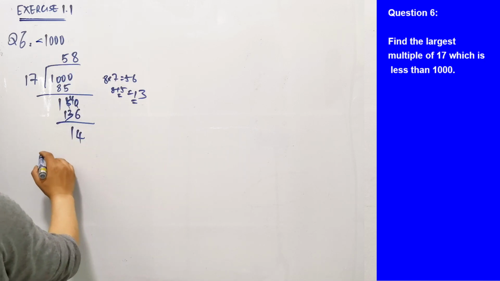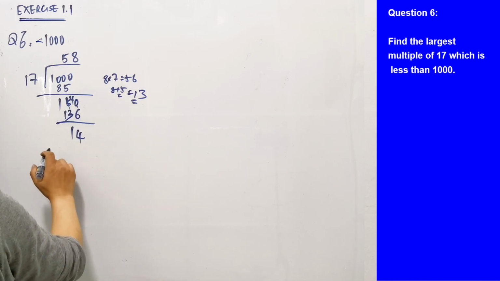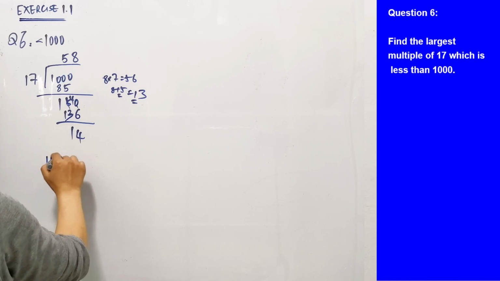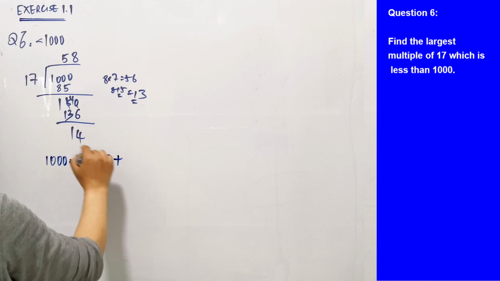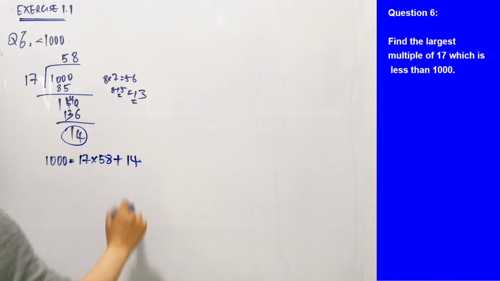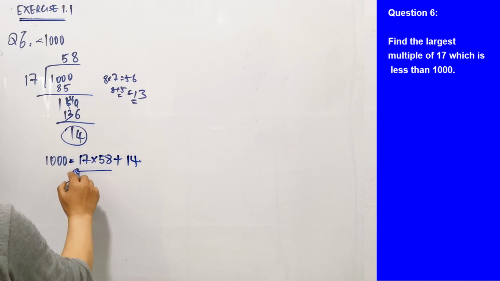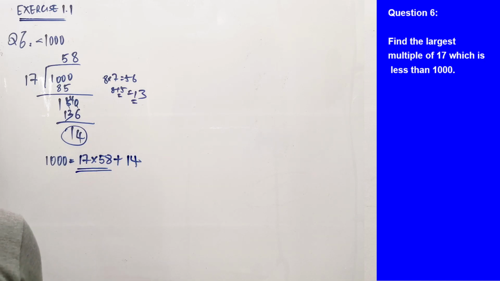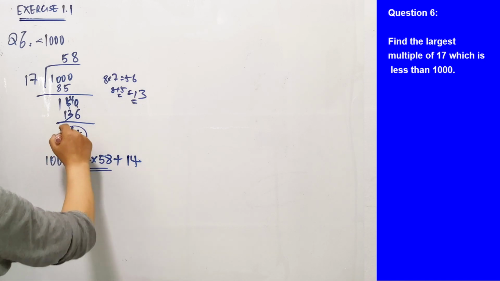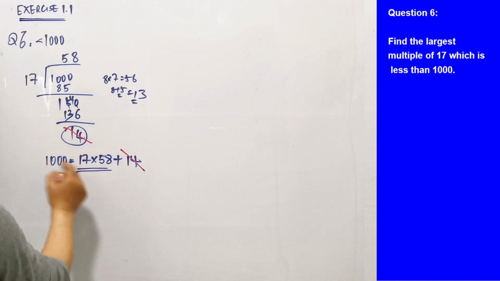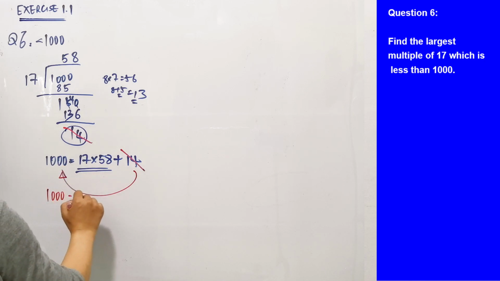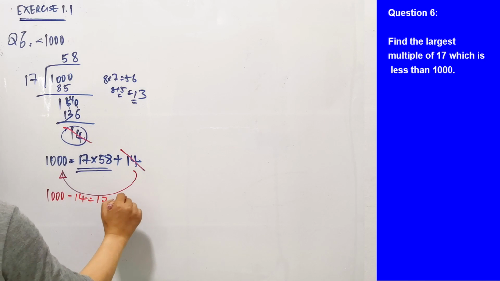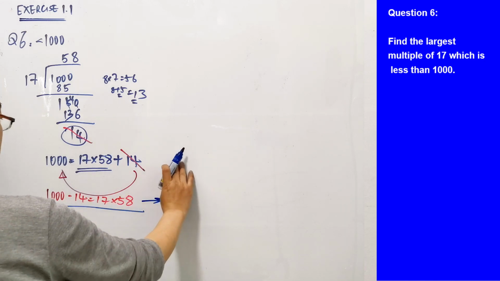So 1,000 equals 17 times 58 plus, because the remainder is 14, right? If we remove this 14, then we have to change it, so it becomes 1,000 minus 14 equals 17 times 58.